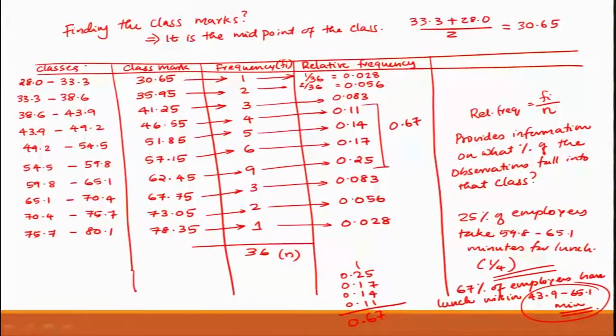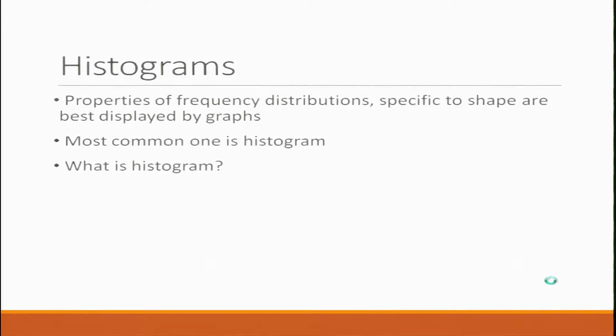Okay. Now, obviously, the question we have to ask is, why is this important? Once you have this frequency distribution created, it can be best displayed with the help of a graph, and the most common graph is what we call a histogram. And what is a histogram?